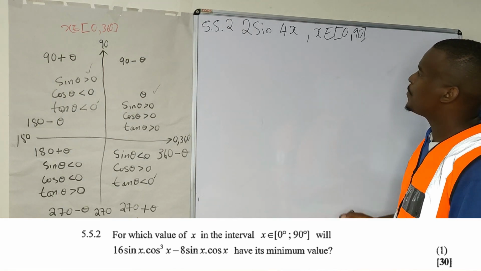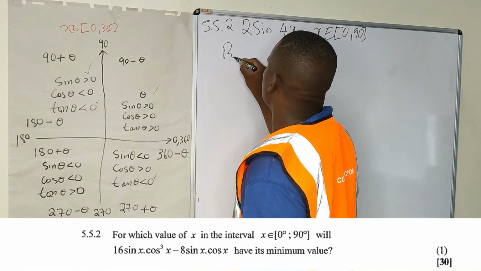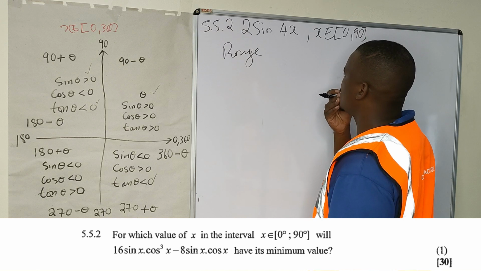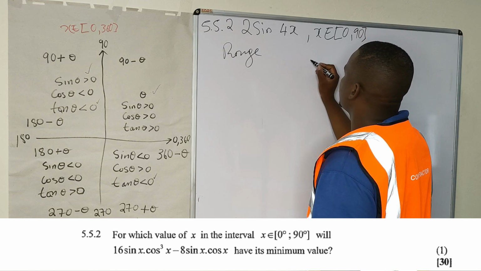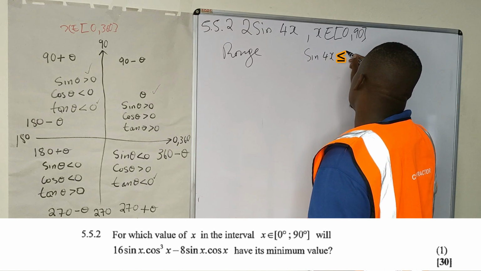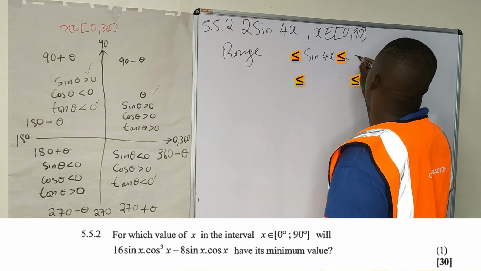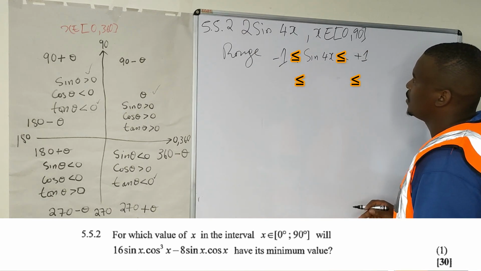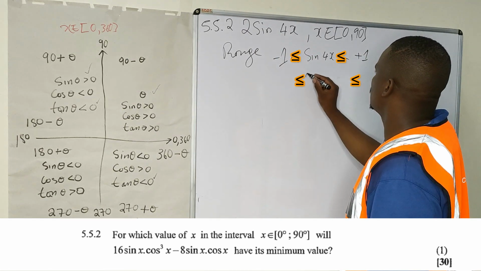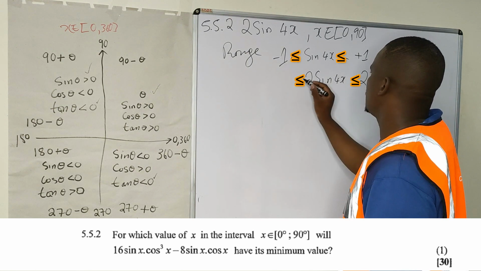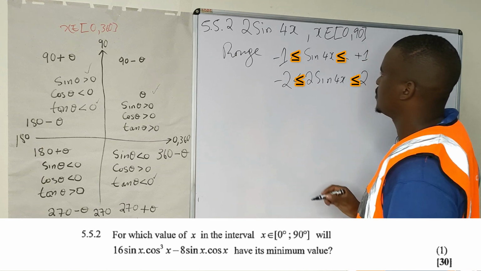So if you think about the range of this thing, for sine 4x, the range would be between -1 and 1. But if you're multiplying this by 2, so if you're saying 2 sine 4x, now you have 2 here, you have -2 here.